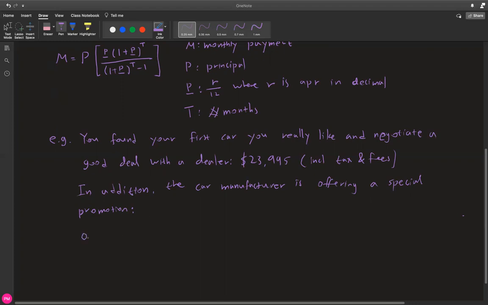Let's say option one, you get the $2,000 manufacturer rebate.